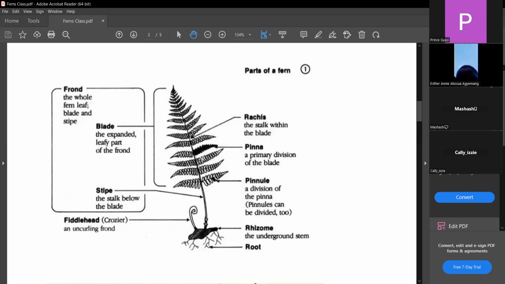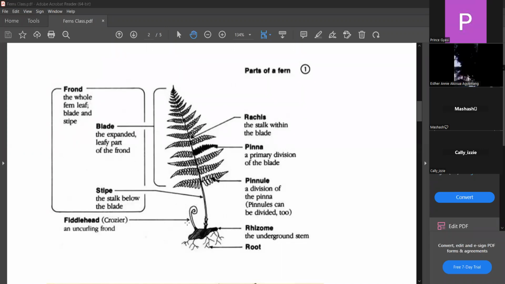Then if you take one of the leaflets, it's known as the pinna. Then the sub leaflets, the smaller ones, are known as the pinnules. Do we get this? So you have here the blade, the stalk, the rachis, and then this part is the rhizome, then you have the root.